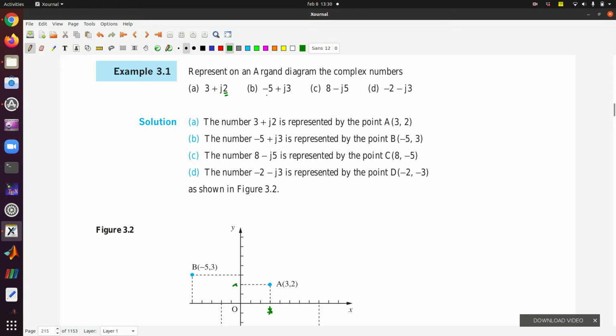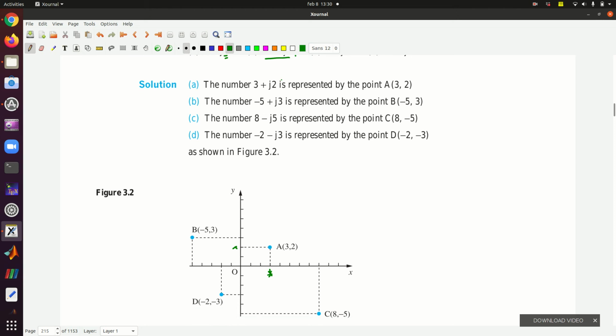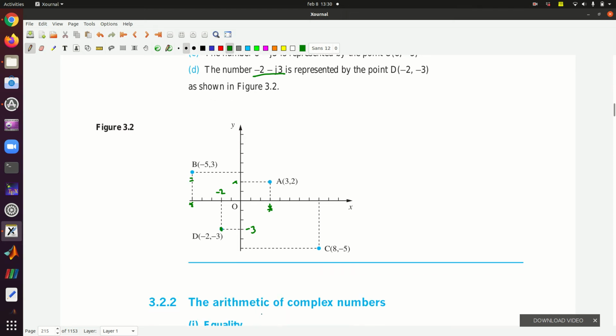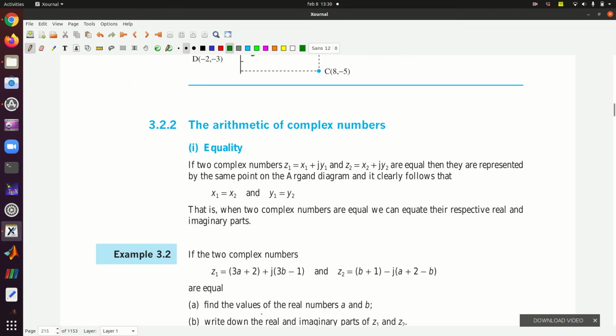Okay, so if it is that, then you just look for the -5 and +3, and so on. If it is -2 minus j3, we look for the -2 on the horizontal and -3 on the vertical. Okay, so that would be D.